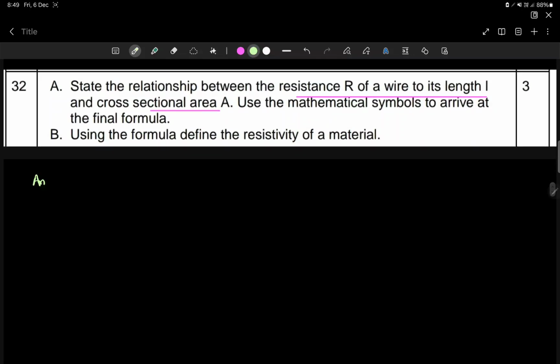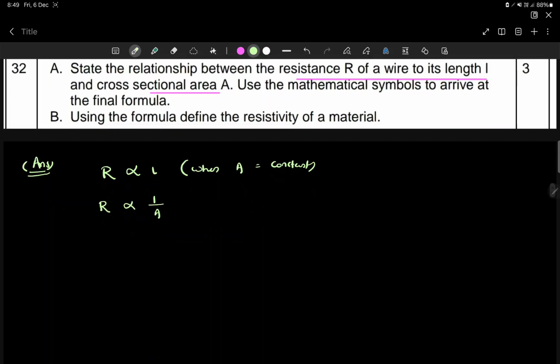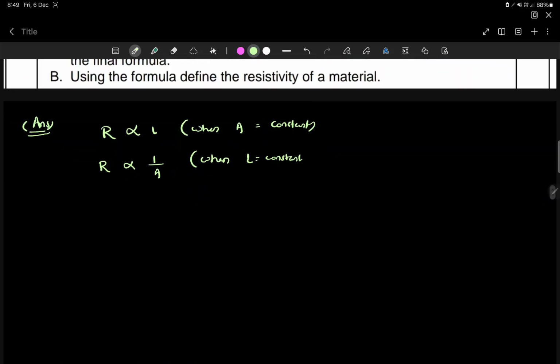As for question number 32, we know R, resistance of a conductor, is directly proportional to length of the conductor when area of cross section is constant, and also R is proportional to 1 by A when L is constant.